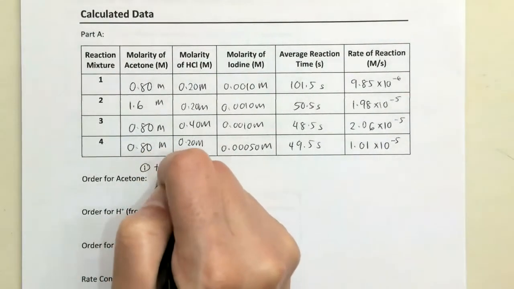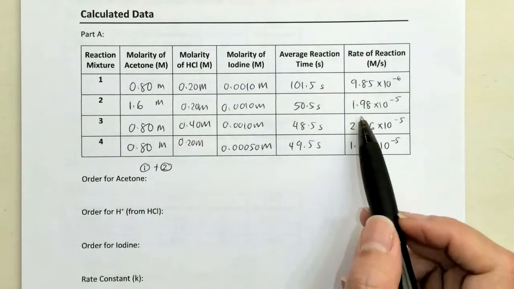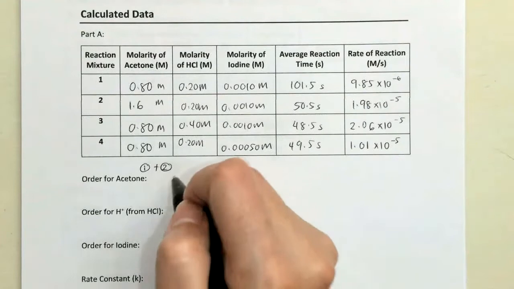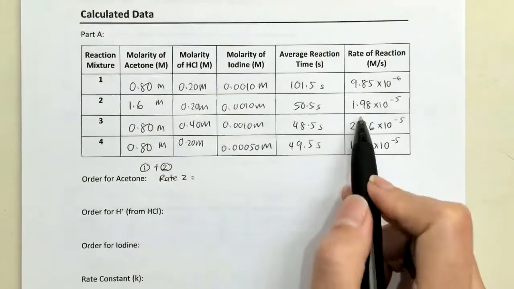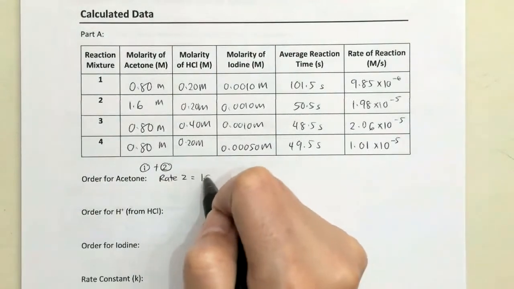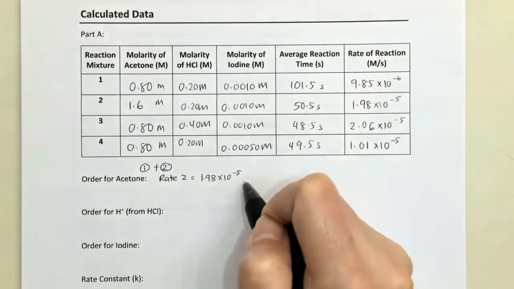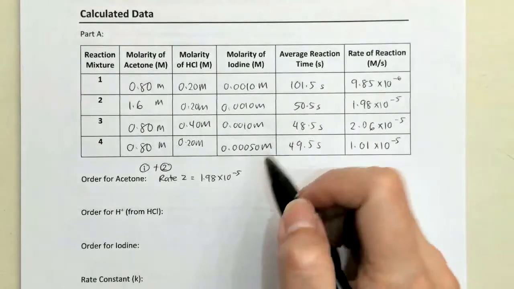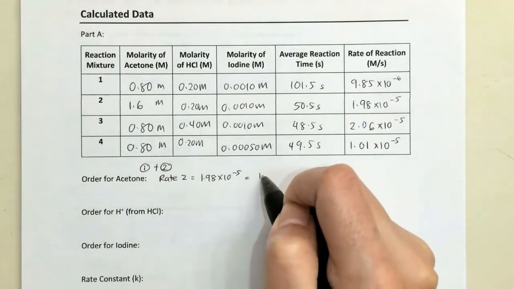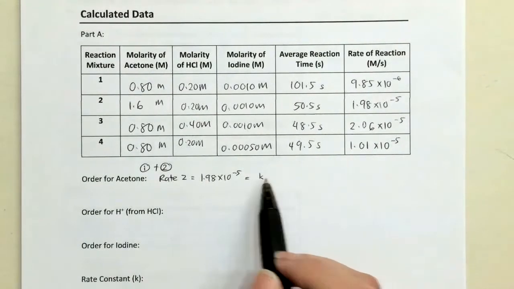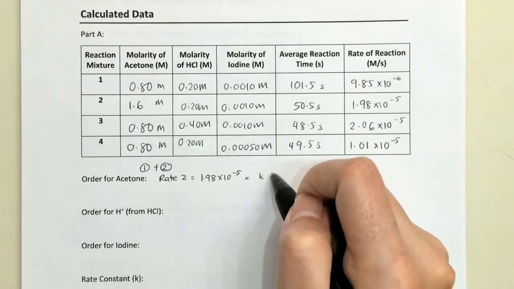Okay, so in my case, I'm going to pick lines 1 and 2. Now, when we pick lines 1 and 2, you can write the rate order. So rate 2 equals 1.98 times 10 to the minus 5, agree? We can put that down here. And then it equals K, because rate equals K, the rate constant, times the molarity of acetone.